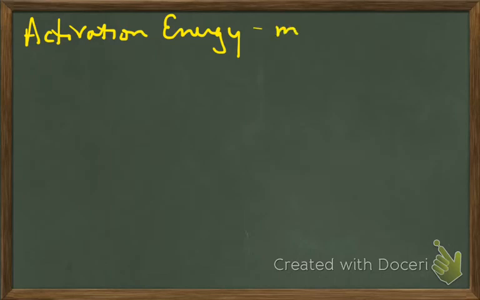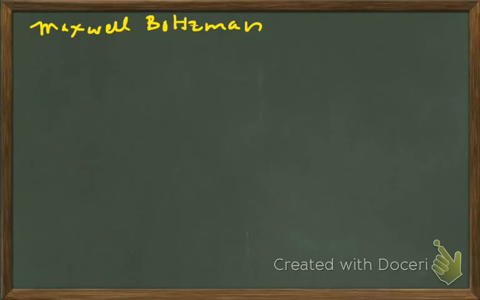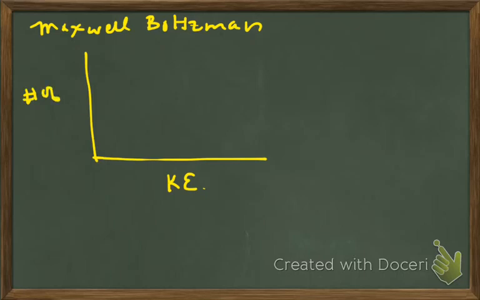Okay, and this is really the definition, the minimum energy required. So the Maxwell-Boltzmann curve, if you remember, we are looking at kinetic energy on the x-axis and number of particles on the y. There should be an R in there, particles.